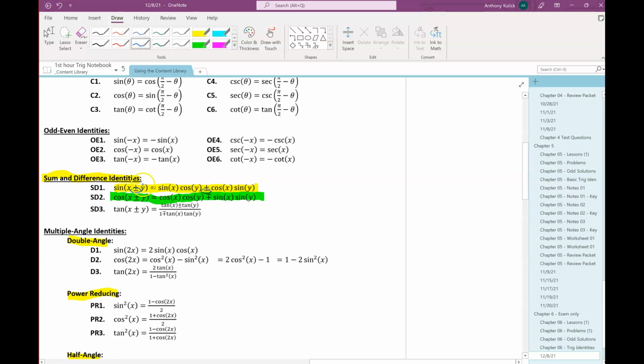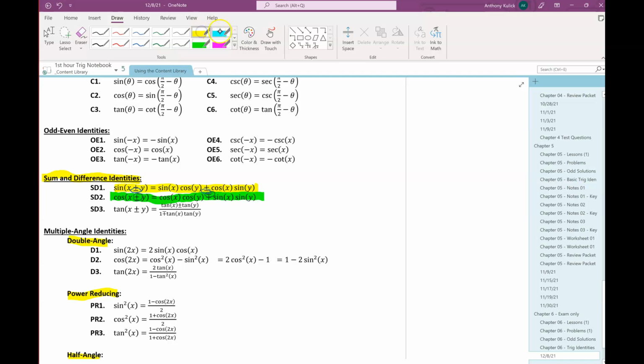So here we're doing addition, so we're going to take the top symbol. So in that case, cosine of x plus y is going to be cosine x cosine y minus sine x sine y. Is everybody okay with how I'm reading the identity sheet there?